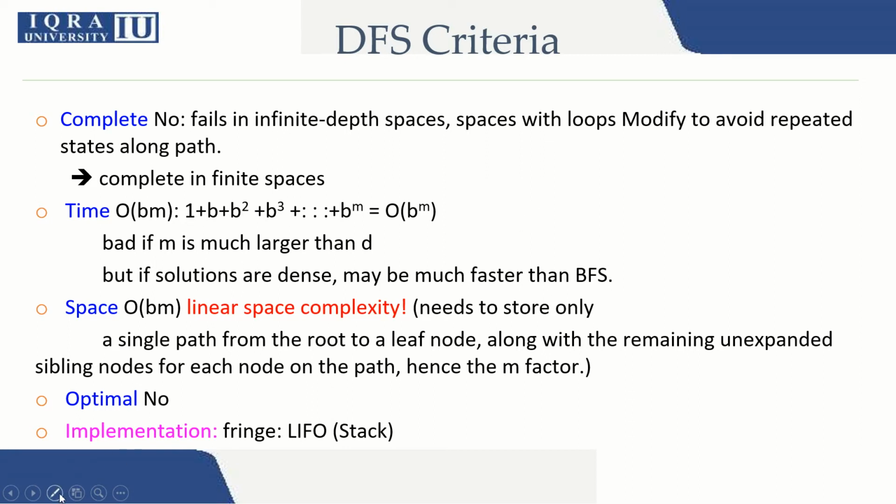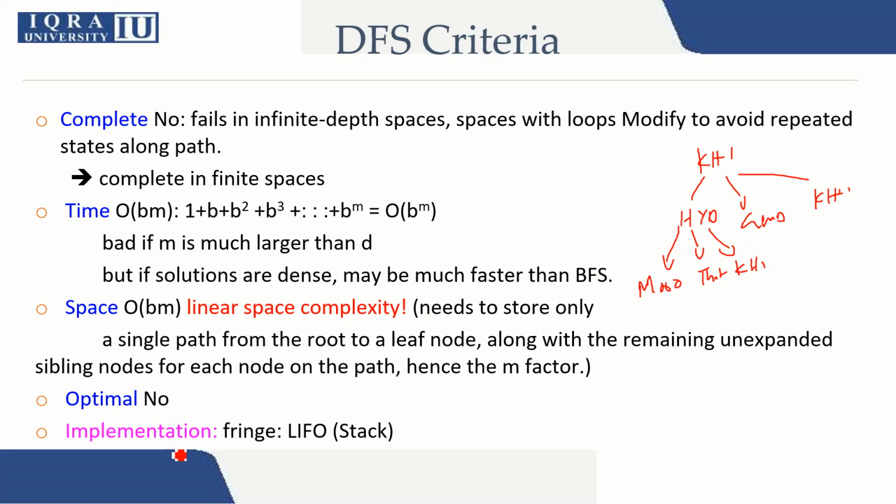The biggest disadvantage of using depth first search is that it could get stuck in an infinite loop. For example, if I'm moving from Karachi to Hyderabad, and maybe Gwadar, and from Hyderabad I can go to Moro, or I can go to, let's say, Thatta, and then I can also go back to Karachi.